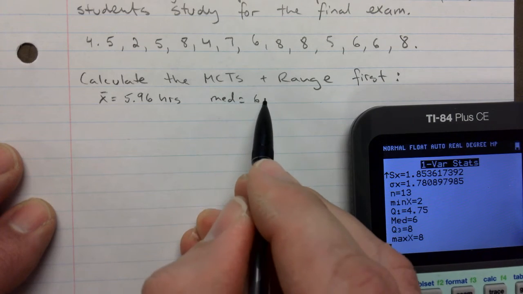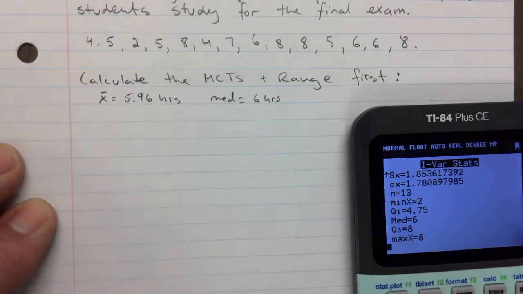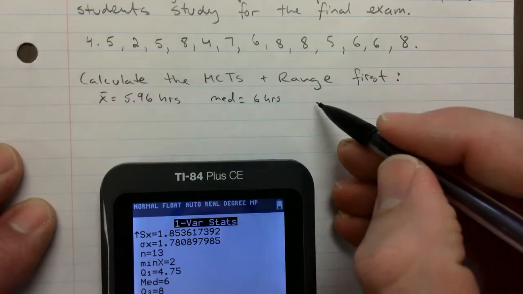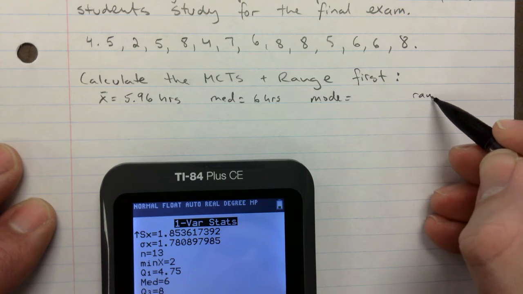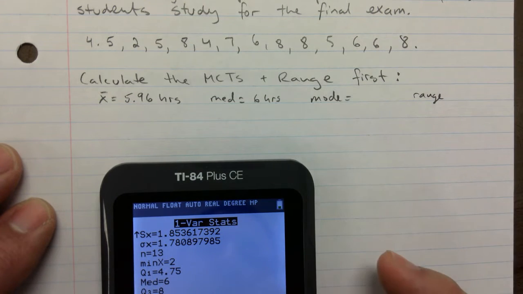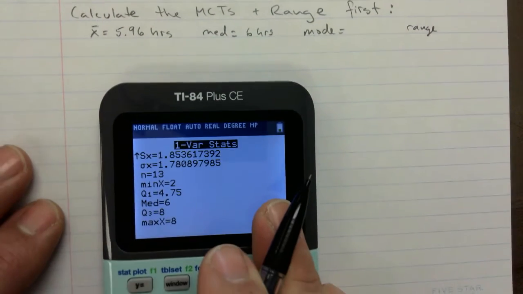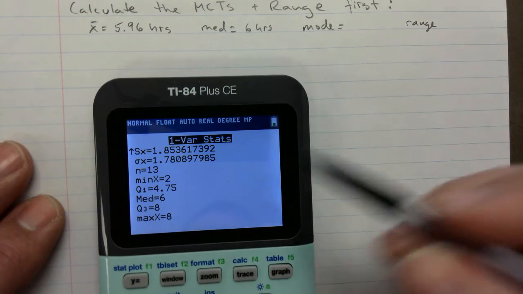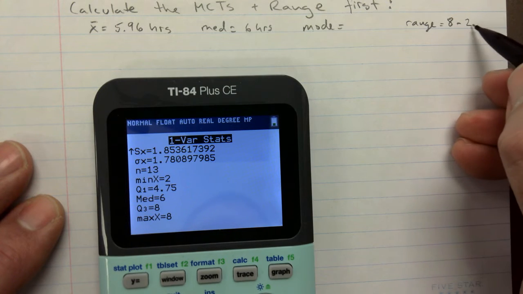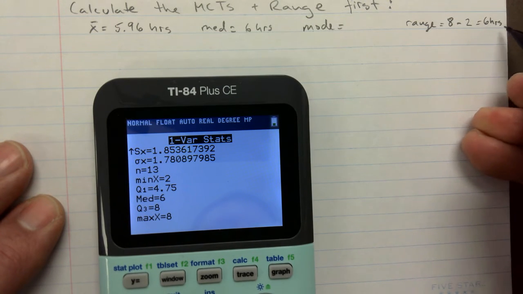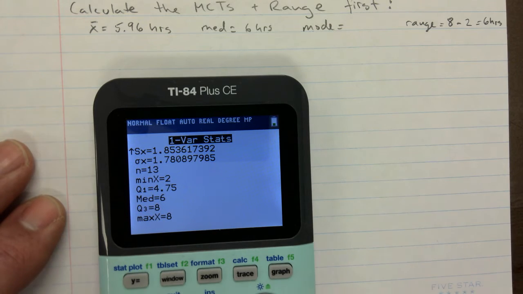That's 6 hours. Before I do the mode, I like to have the mode right next to them, but the range here, I'm just going to look at on my calculator. The max is 8 and the min is 2. So 6 hours is the range of hours studied.